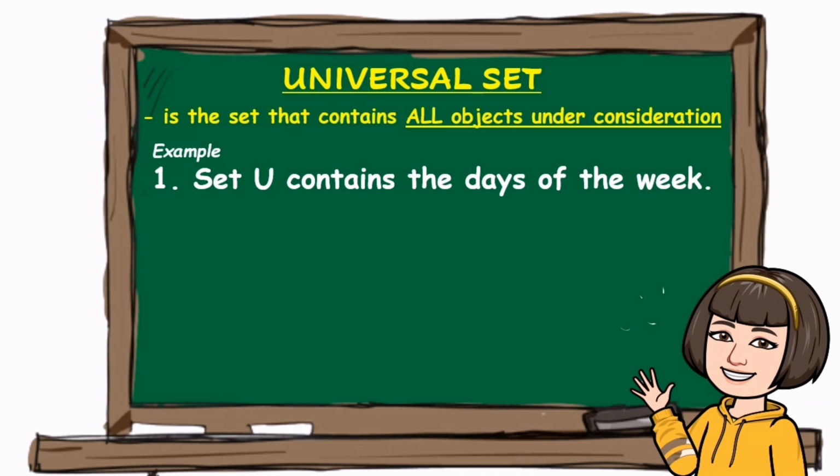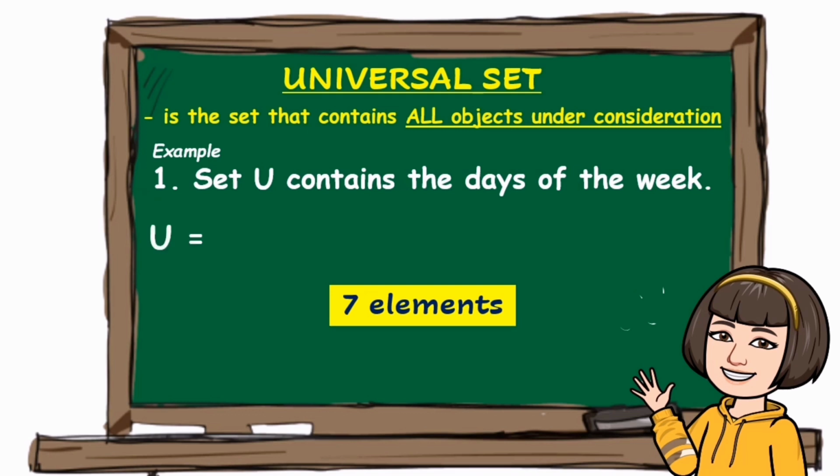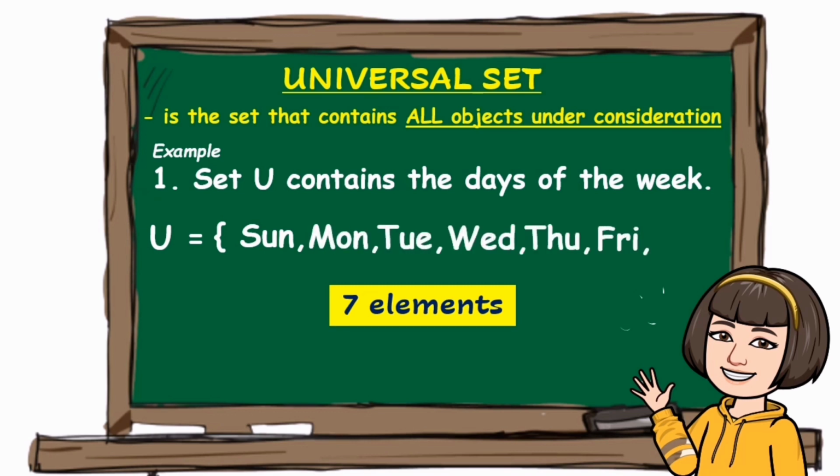So our set U should have 7 elements. Let us start listing down the elements. Sunday, Monday, Tuesday, Wednesday, Thursday, Friday, and Saturday. This time, we were able to complete the 7 days of the week. And we can say that this set is now a universal set.